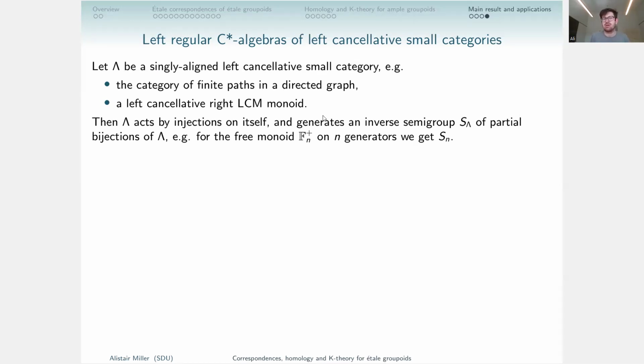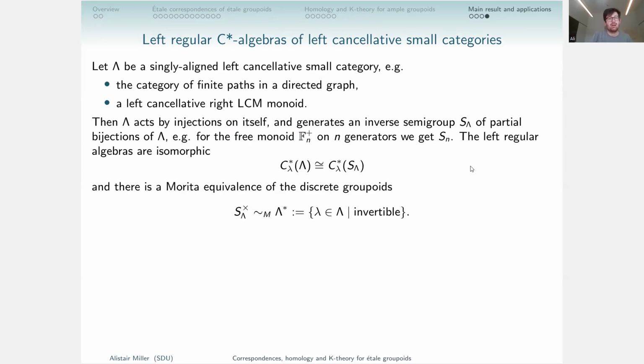You get a bunch of partial bijections generated that way. To get this polycyclic one, you just start off with a free monoid. You get the same algebras, and this underlying groupoid can be described in terms of the invertible arrows in your category.